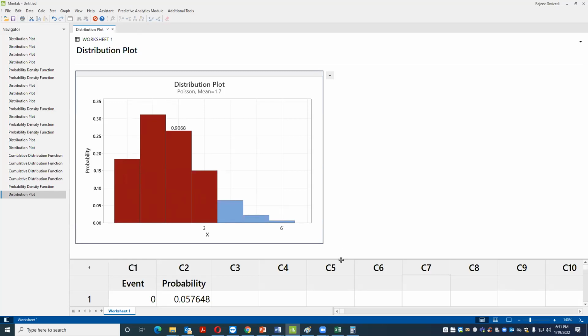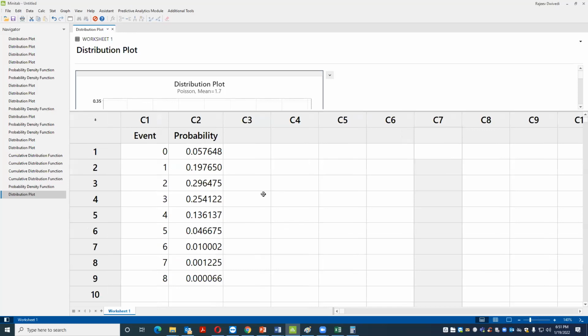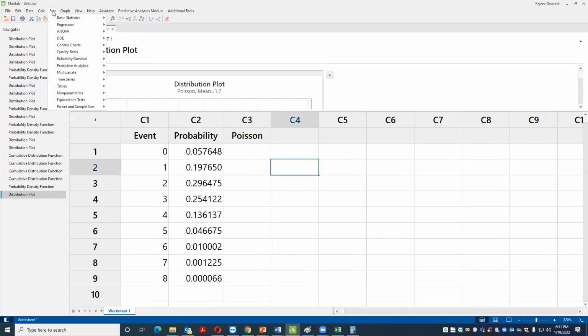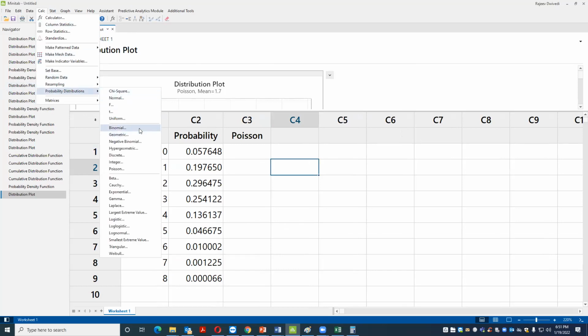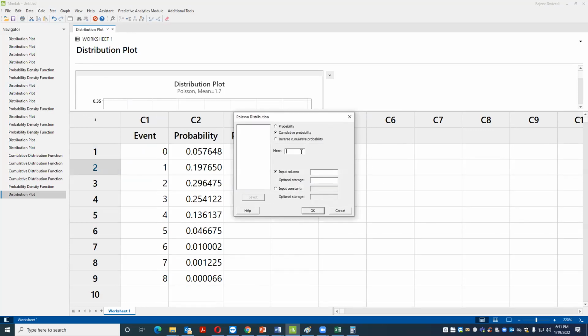Now if I draw the PDF or CDF here, I'm going to use exactly the same thing: Stat, Calculate, Probability Distribution, and I'm going to use Poisson right here. Lambda is 1.7, and probability.